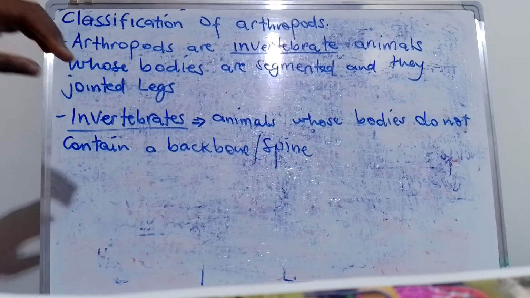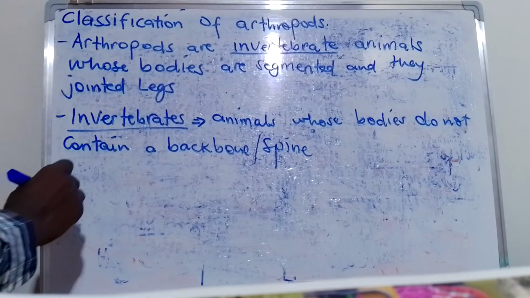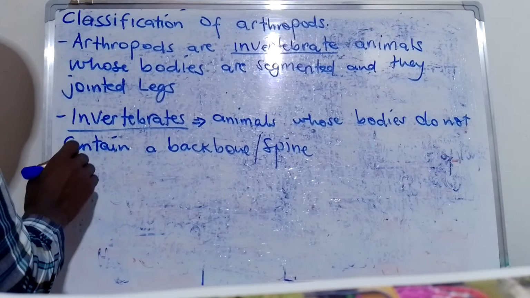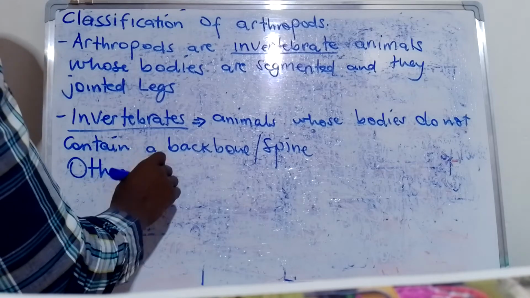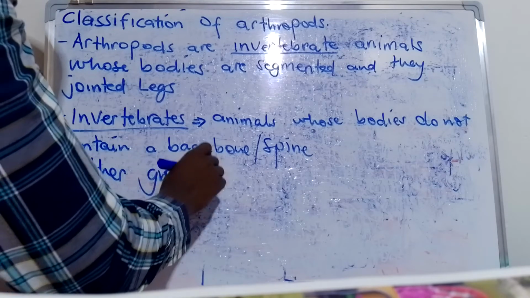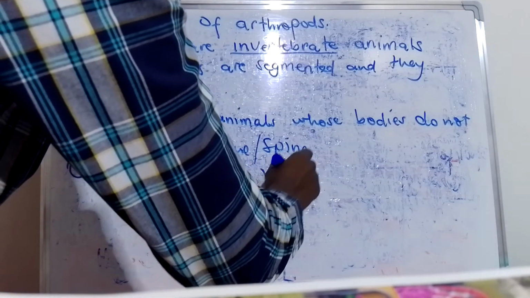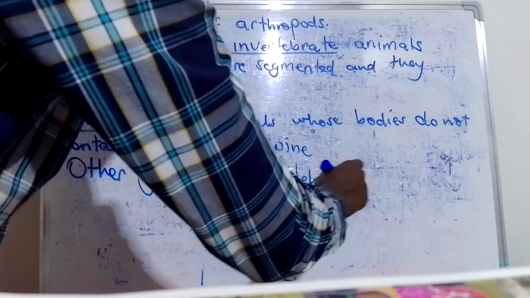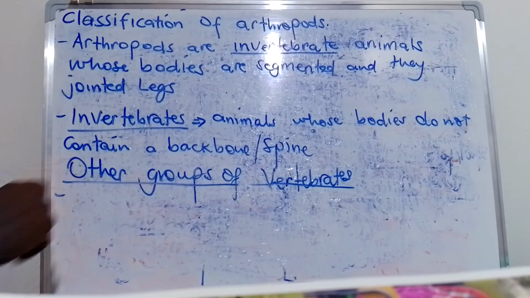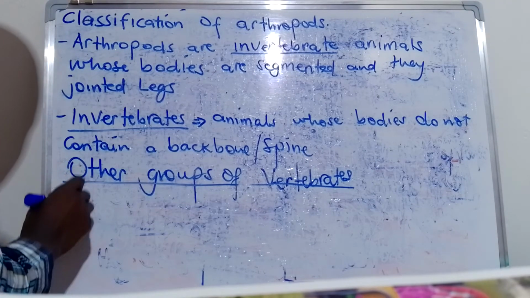Now, what are other groups of invertebrates apart from arthropods? One is worms.